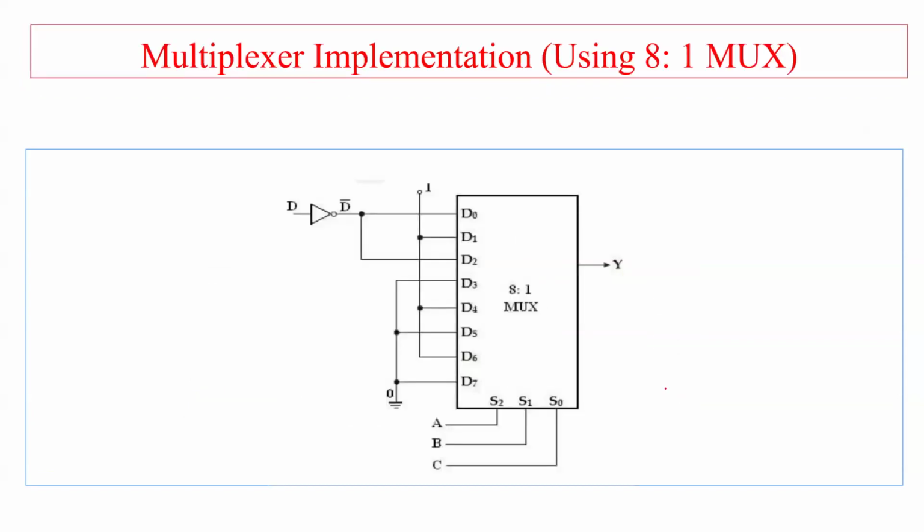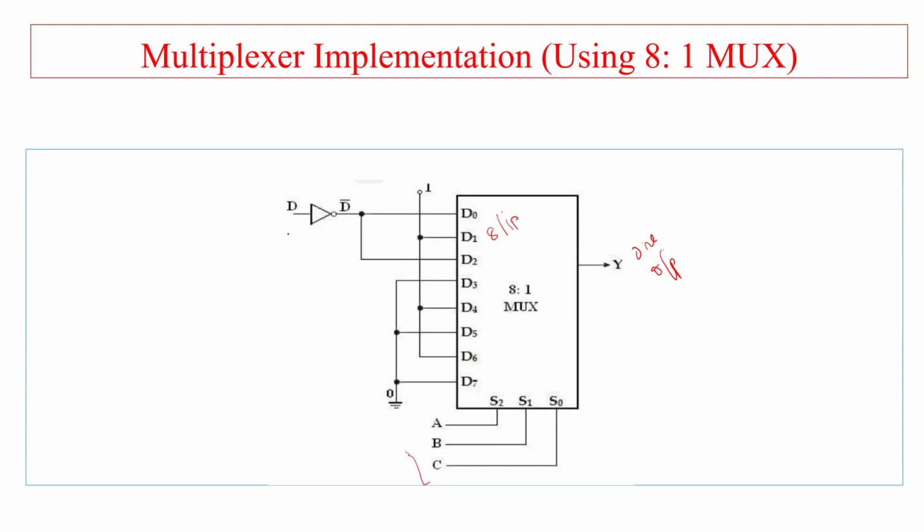Since it is an 8:1 multiplexer, how many input lines are there? D0 to D7, so 8 input lines and 1 output line. Selection lines S2, S1, S0, 3, which are A, B, C. And we have taken D as the input.